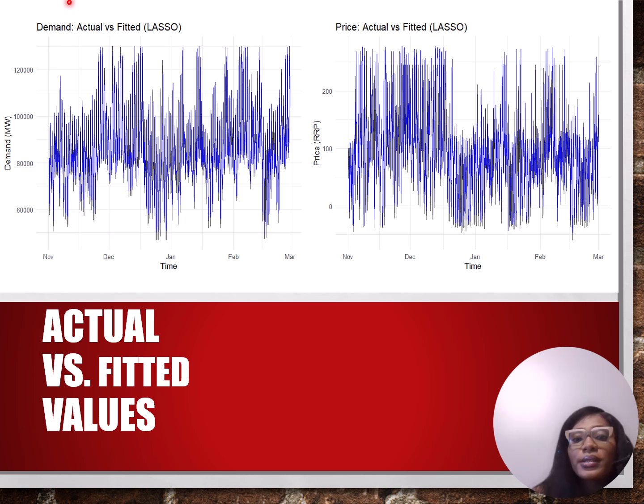If you look at the demand, the blue fitted line almost sits on top of the gray actual for most of November to February. So the model tracks day-to-day swings and the evening peaks very closely. It peaks above 120 gigawatts and troughs near 60 gigawatts, but the tallest spikes are clipped.